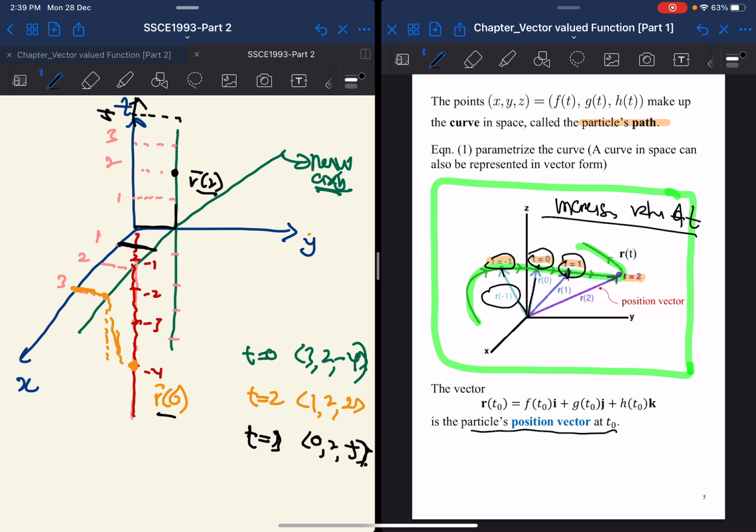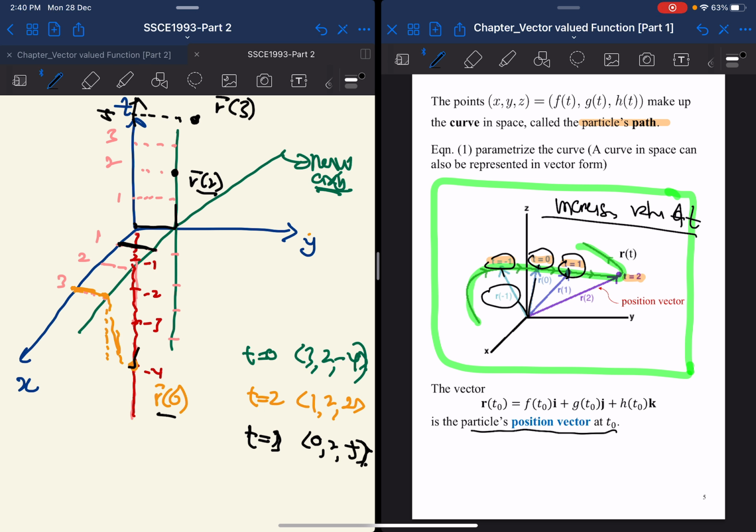It's not on that line. 2 is somewhere here, then 0, 2, and 5. It's 2 up to here, then move a little bit here. You actually will get a straight line. So this one is t equal to 3, and here you will get a straight line like this.